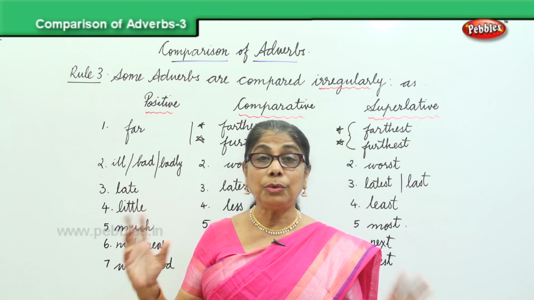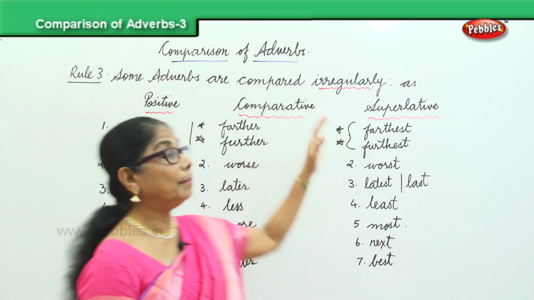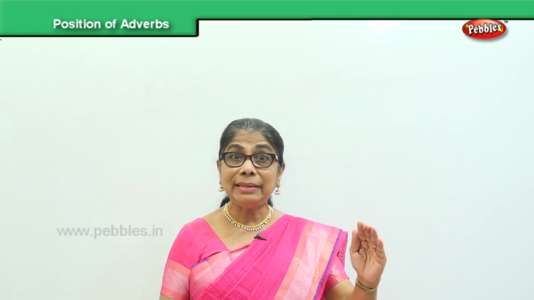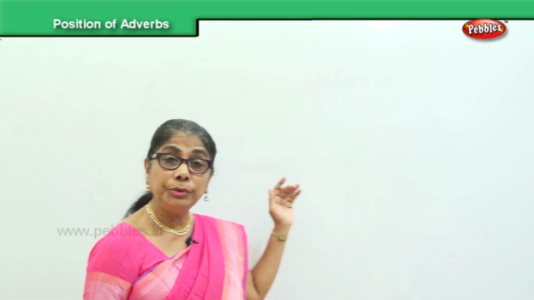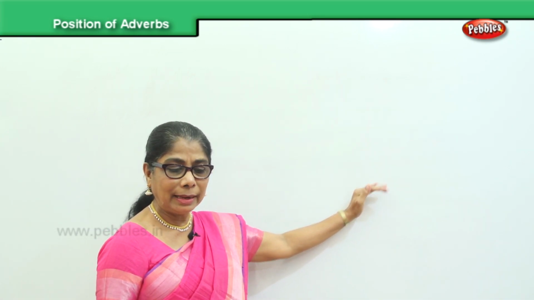So, the third rule is that in adverbs, some adverbs are compared irregularly. We did comparison of adverbs. Now we are going to do the position of adverbs, and under that, we have about 6 different rules to be followed.